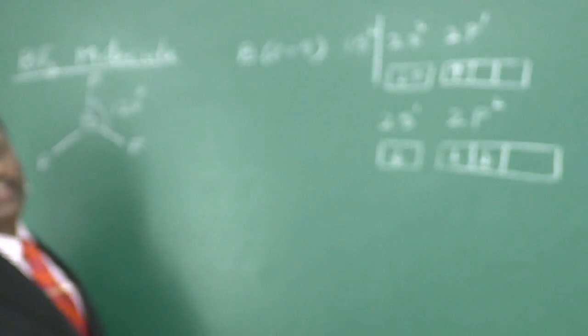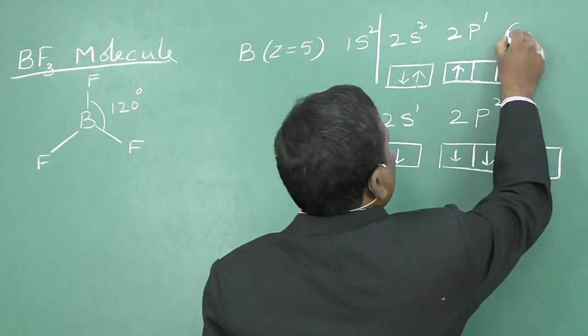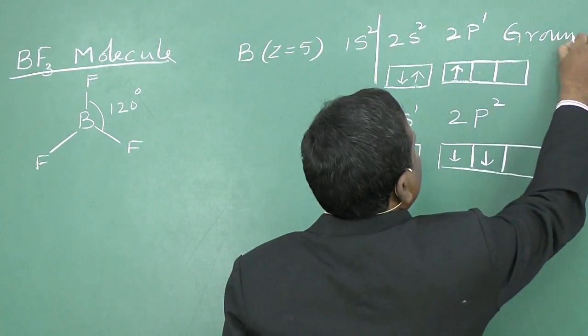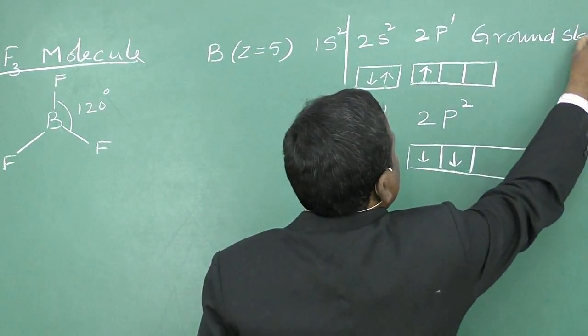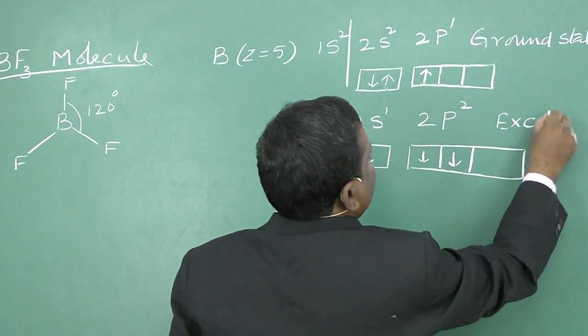This is the electronic configuration of boron in its excited state. This is the electronic configuration in its ground state. Here this is the excited state.